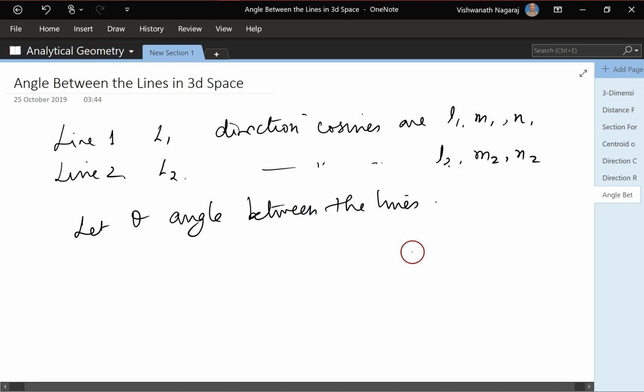So let's draw. This is O, this is P, this is Q. Now these two lines make an angle theta.